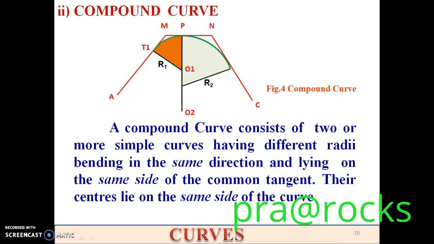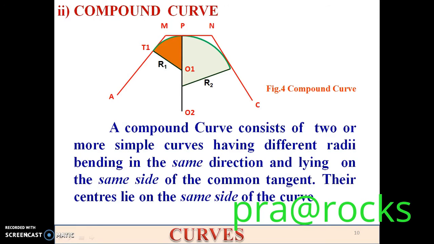Now, coming to the compound curve, you can see in the figure, it is made up of two curves of different radii, which are bending in the same direction and lying on the same side of the common tangent.